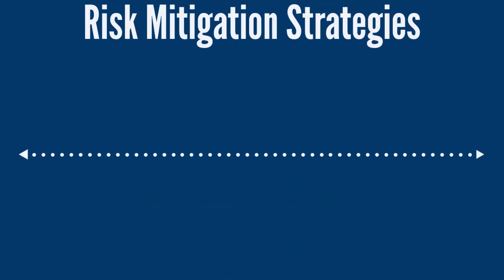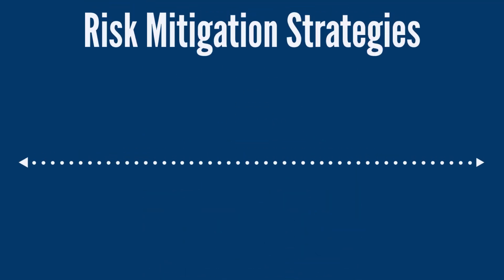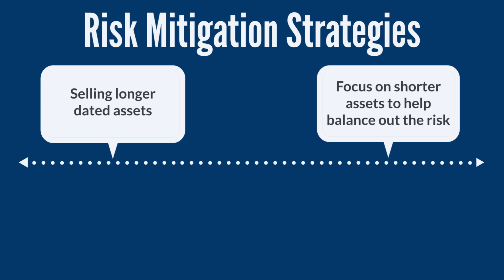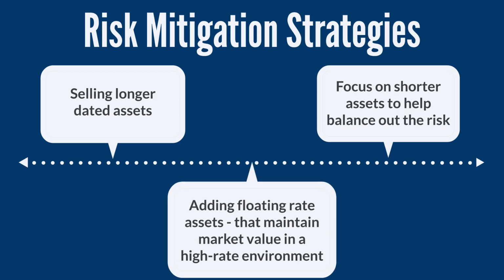So what happens when a credit union needs to make changes to avoid future net economic value risk? In most cases, the credit union will need to assess getting rid of some of their riskier assets. If this is not possible, they will have to reevaluate the newer assets that come on the balance sheet and focus on those that do not add much interest rate risk, such as floating rate assets or shorter term loans and investments.